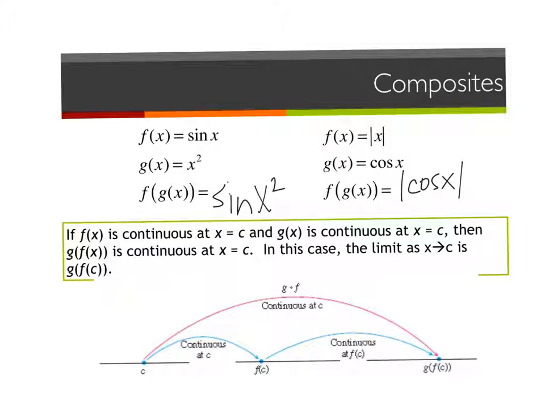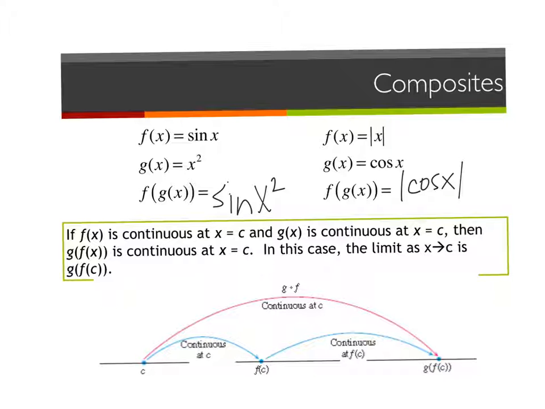Okay, and the general rule is that if g is continuous at x equals c, and f is continuous at g of c, then f of g is continuous at x equals c. So sine x is continuous, x squared is continuous, so sine x squared is going to be continuous.